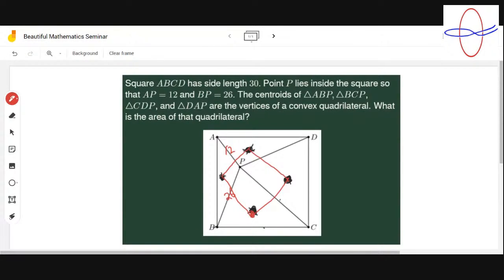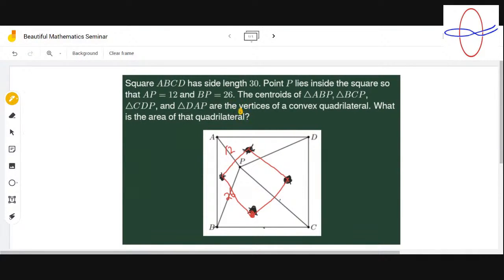Okay, reflect P over the midpoints of ABCD. Saurav is asking me to reflect these points. Okay, let's reflect it. He's asking to reflect it over here. Let's take some other colors like this.